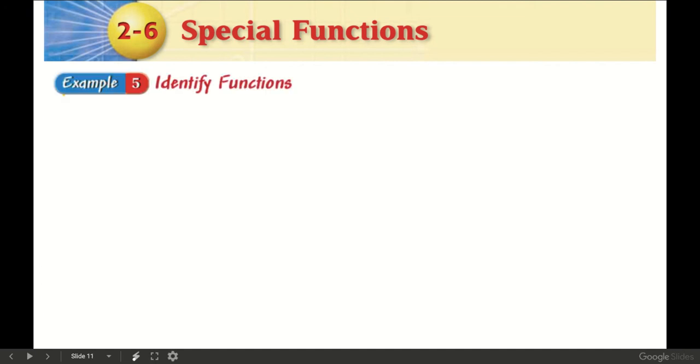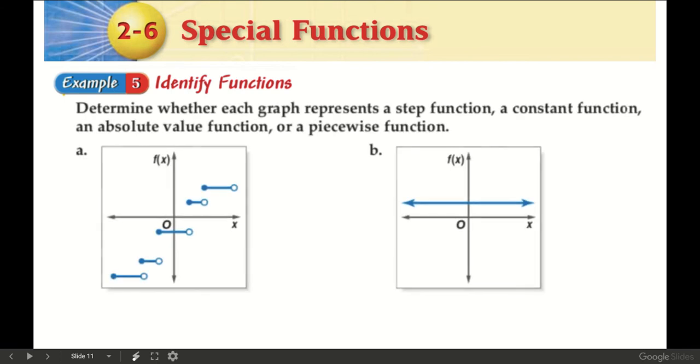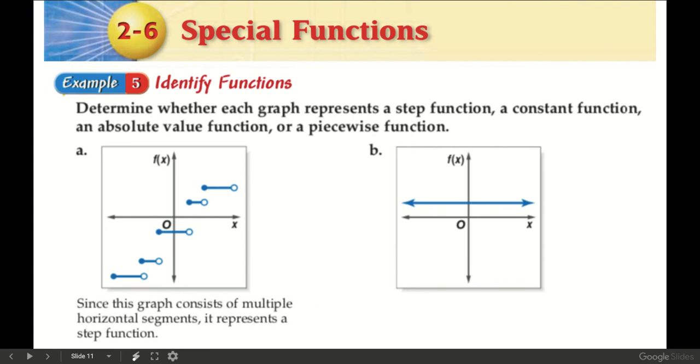So let's identify some of these functions here. If we were presented with this and it says determine whether each graph represents a step function, a constant function, an absolute value function, or a piecewise function, what are they? Well, here we can see for A that this would be a piecewise function, or sorry, a step function. This step function creates the step.